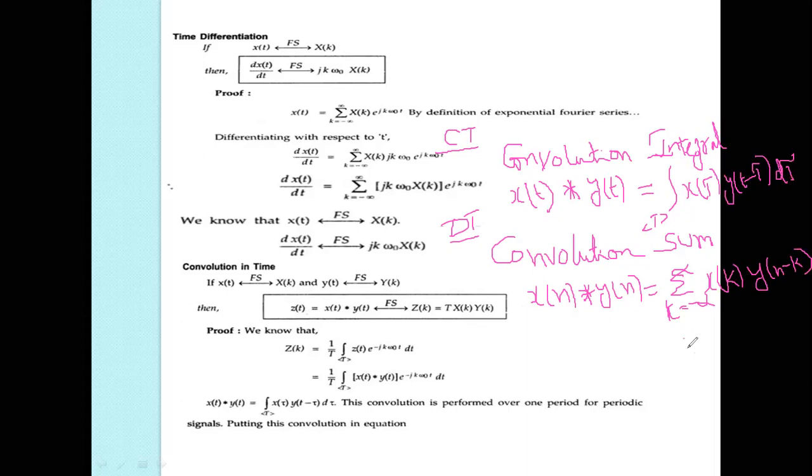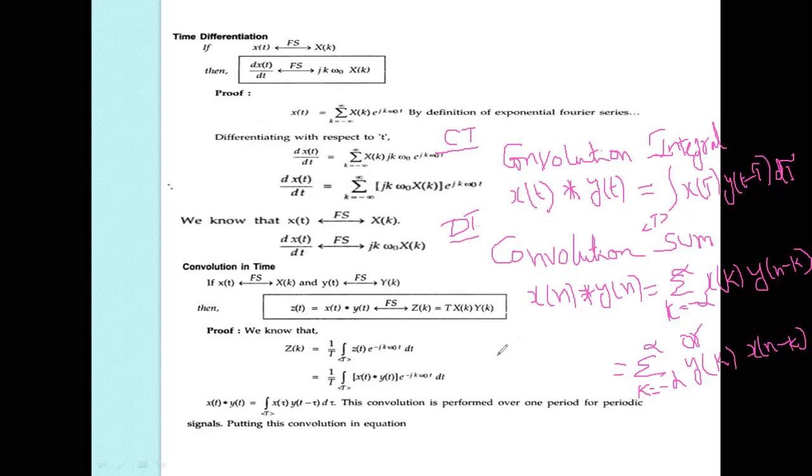This equation can also be written as the sum of k equal to minus infinity to infinity of y of k, x of n minus k. So both are the same, because convolution obeys the commutative property.